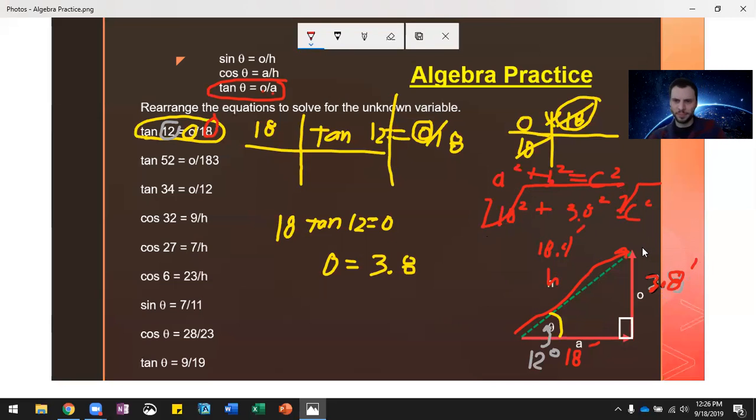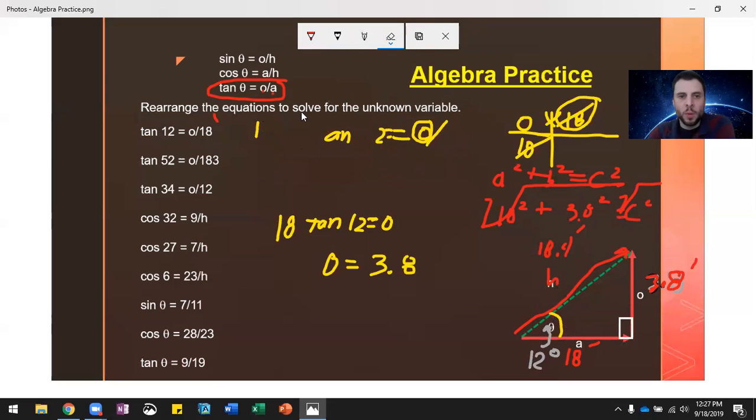All right, I just want to double check my answer because it's always important to double check your answers. So 18 feet squared plus 3.8 feet squared. I'll take the square root of that. And yes, I double checked my answer, and that is the correct answer. So that's how we can find the hypotenuse for that problem.